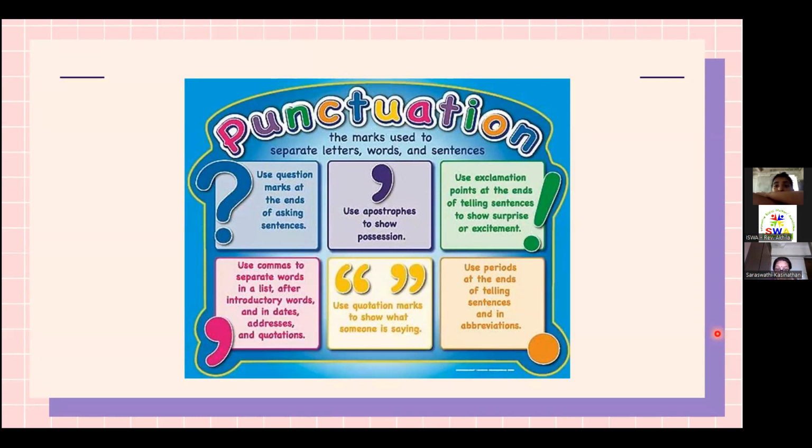See, so when I have a list of names, I separate them with a comma. Okay. Use quotation marks to show what someone is saying. So if I am talking to you, it's very clear. It's very clear cut. Okay, we are talking to each other. If it's on paper, in written form, we need quotation marks to show that somebody is talking. Okay. Use periods at the end of a telling sentence. Okay. It means full stop. You put a full stop when your sentence comes to an end.